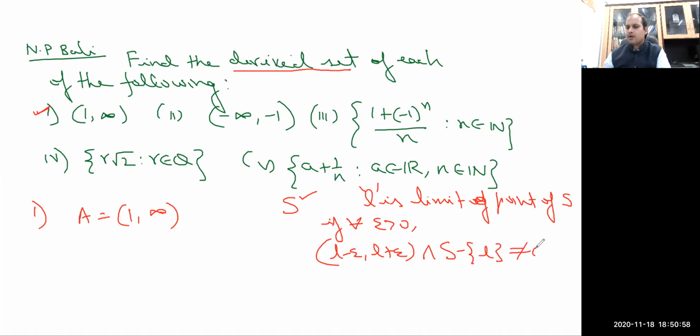This is the requirement for any real number L to be a limit point. And here remember that L belongs to R. So a limit point can be a member of the set, or can be from outside the set.